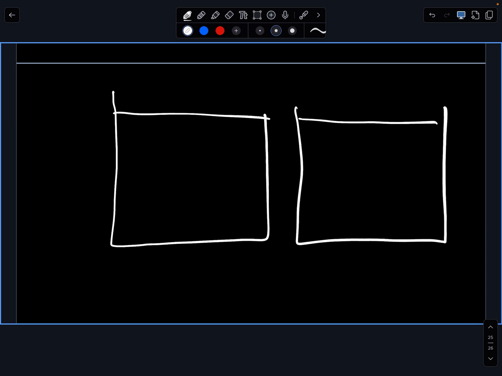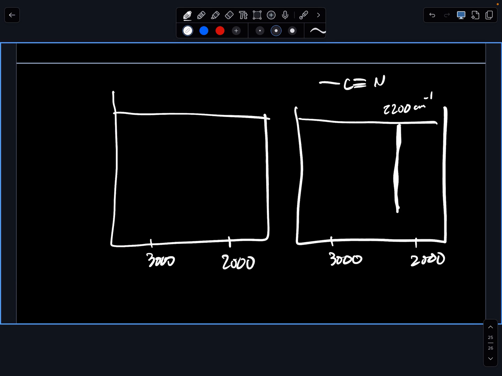This is like 2000, this is 3000. This will be the nitrile. It has a big peak, typically at 2200, and you're probably going to have some CH stuff over here for alkyl CHs, sp3.